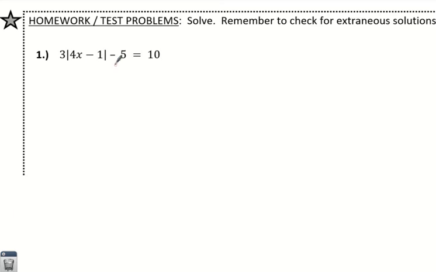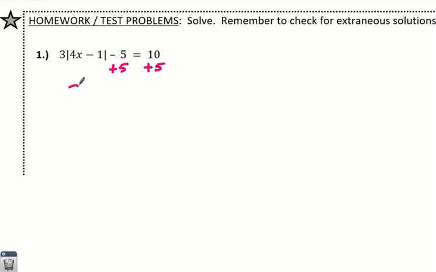So actually, the first thing we're going to do here is undo that minus 5, and essentially we're going to be getting the whole absolute value of 4x minus 1 part alone on the left side.